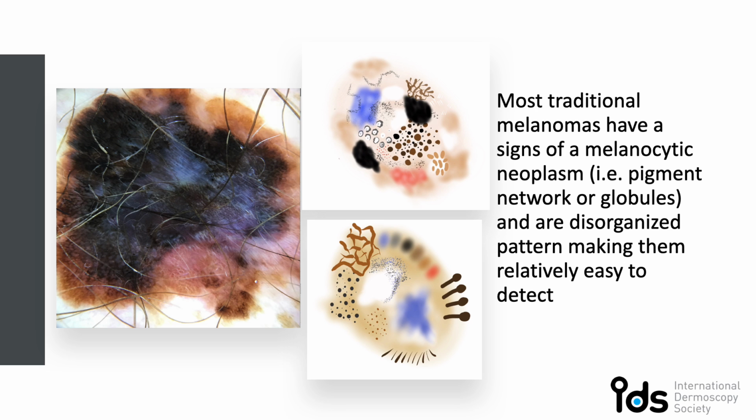Dermascopically, amelanotic melanomas also differ in that traditional melanomas usually have signs of a melanocytic process, like a pigment network or pigment globules. And most traditional melanomas are disorganized and have a very chaotic distribution of their shapes and colors, making them relatively easy to detect.